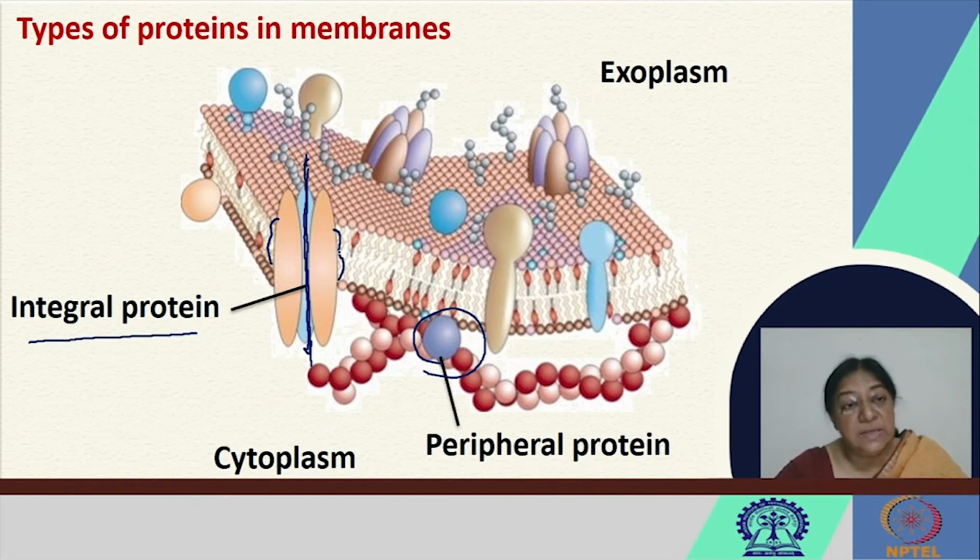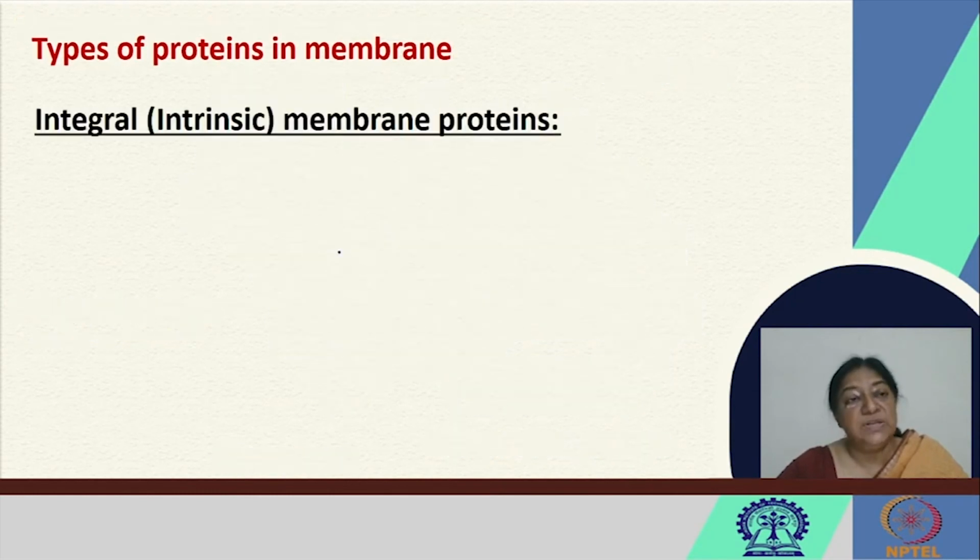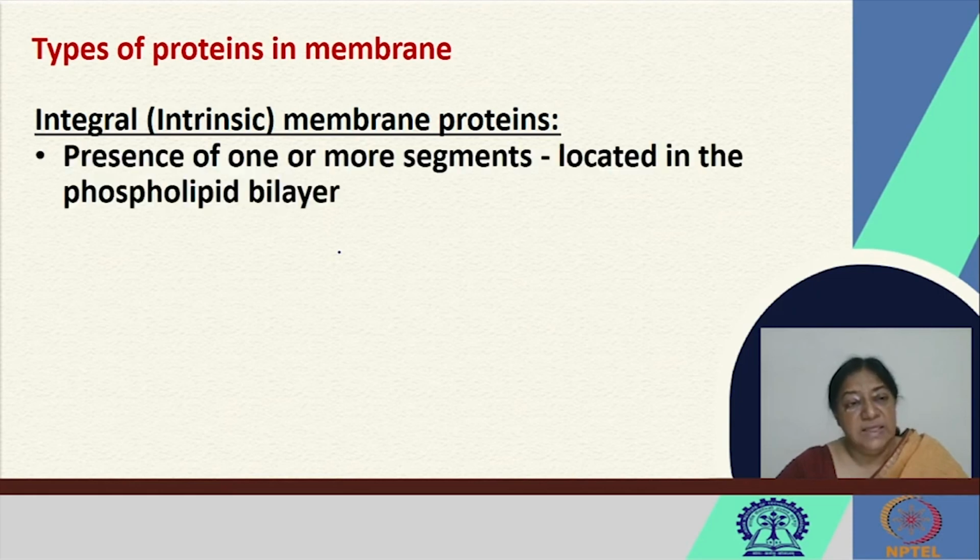We will look at this and the types of residues that are involved in the interactions between the lipid as we go through the lectures. The types of proteins in membranes are the integral or the intrinsic membrane proteins. They have presence of one or more segments, and they traverse the lipid bilayer.